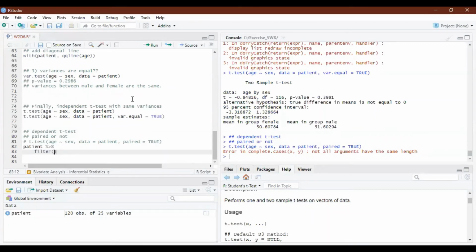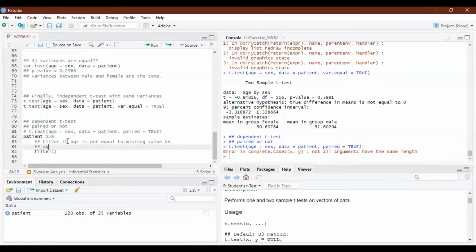So how to do this? We will filter if age is not equal to a missing value.